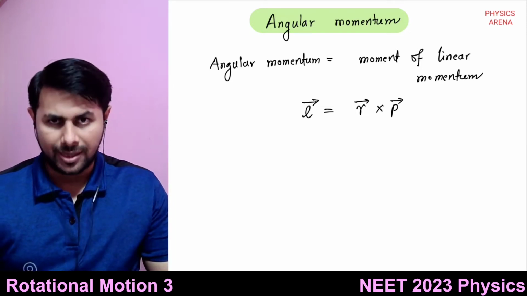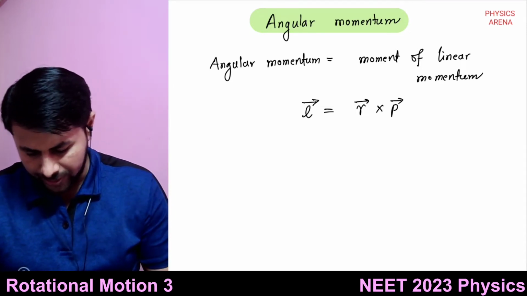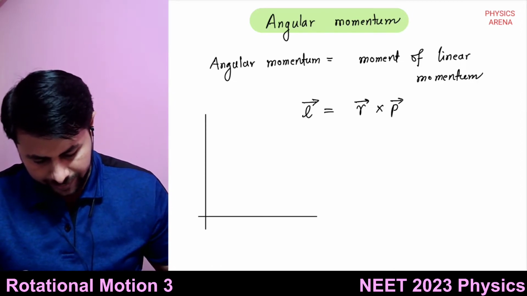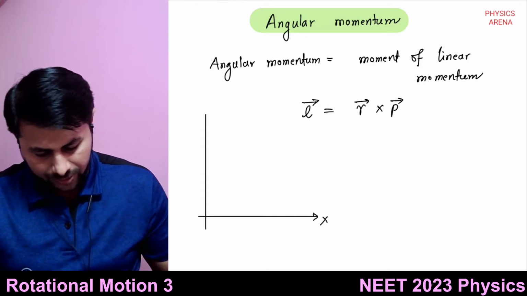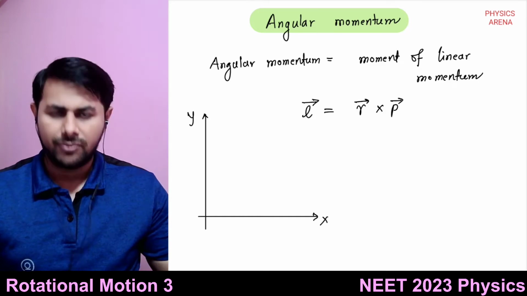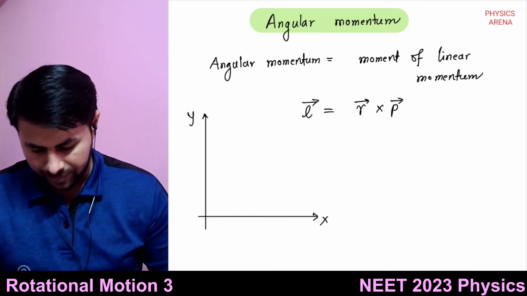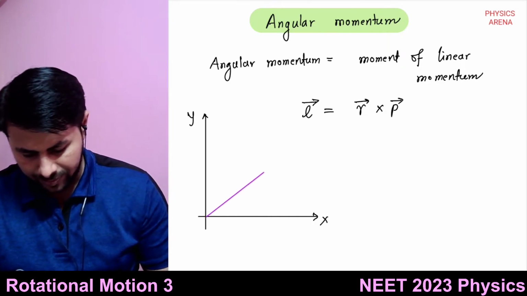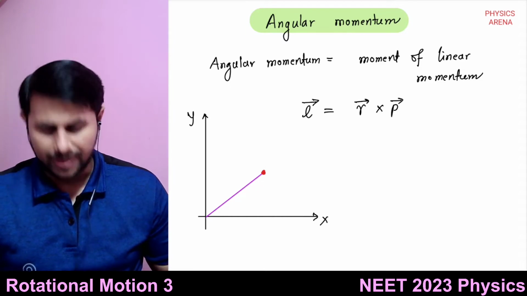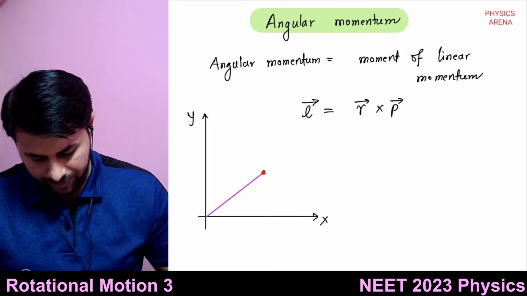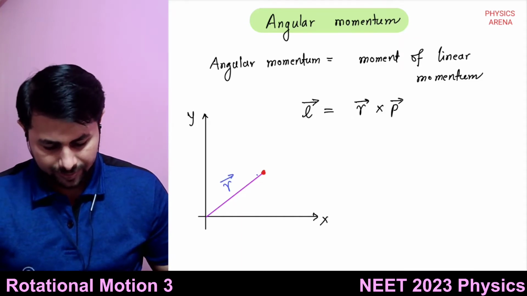Suppose this is the coordinate system, let's call it xy. This is the x coordinate, this is the y coordinate, and the particle will move on this xy plane only. Right now the particle is at this position; let's call this position vector r bar.